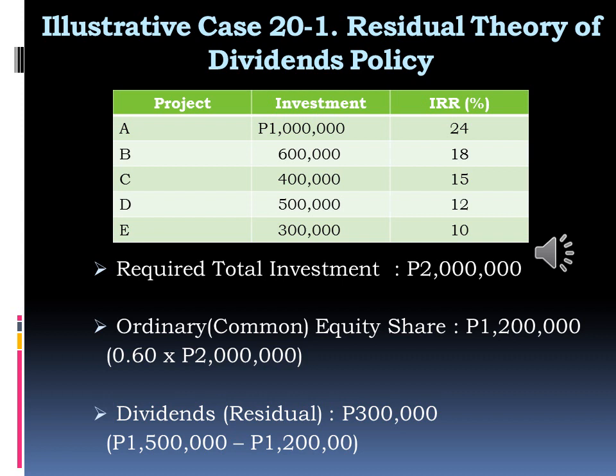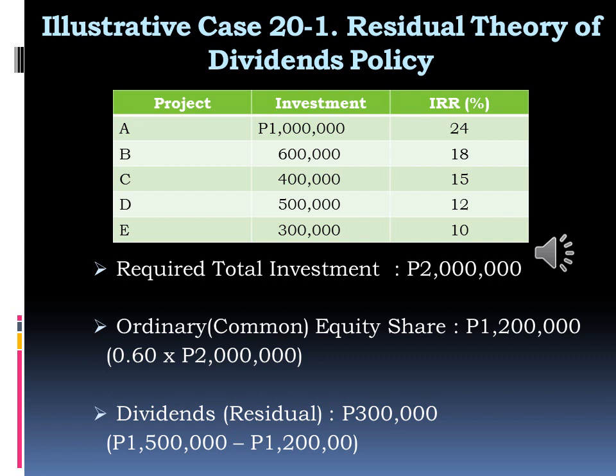The 2 million came from 1 million investment from Project A plus 600,000 pesos from B and 400,000 pesos from C, of which the ordinary equity share is 1,200,000 pesos. This ordinary share is generated from the total investment of 2 million pesos times the percent equity, 60% equity.